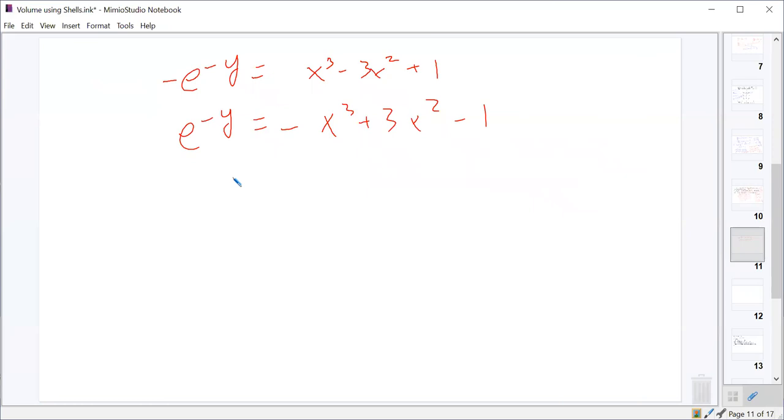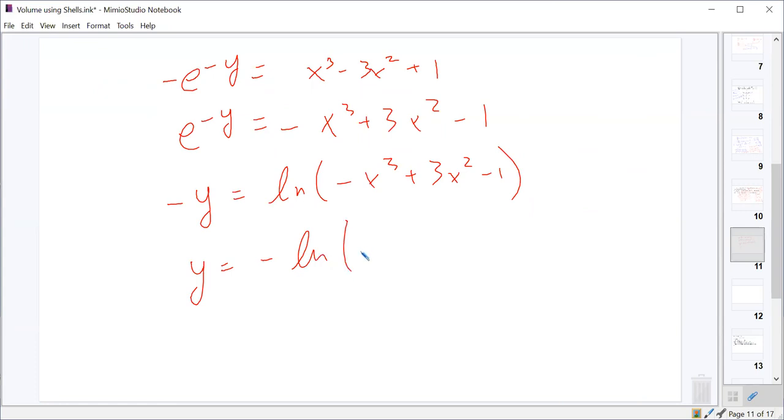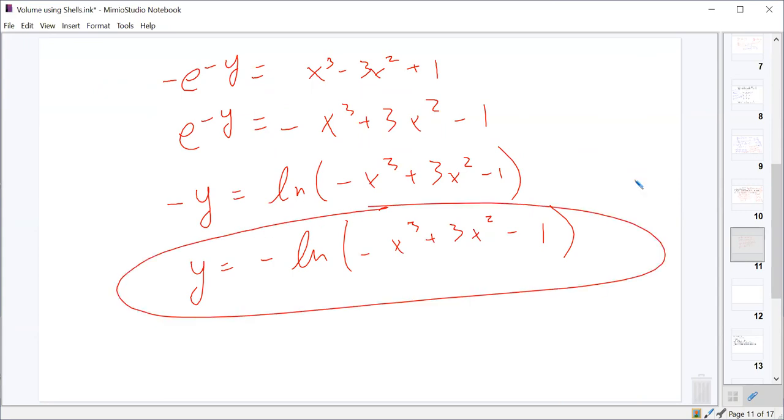Natural log. So we'll get negative y equals natural log of negative x cubed plus 3x squared minus 1. And then we'll multiply by another negative 1. Y equals negative natural log of negative x cubed plus 3x squared minus 1. And that is the 9th point on that one.